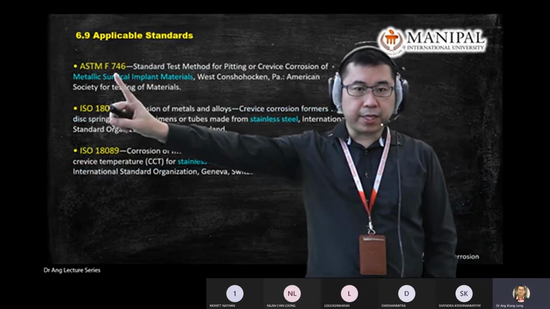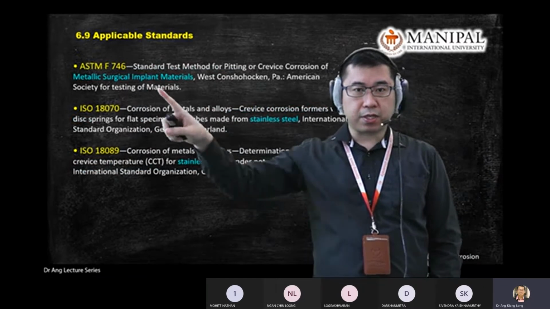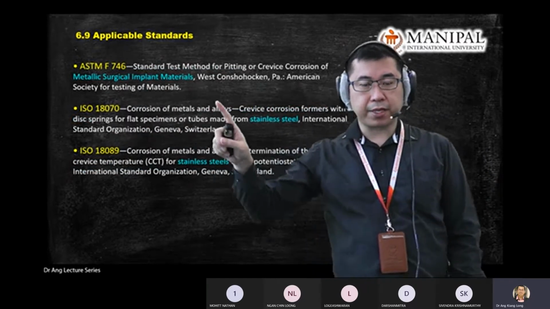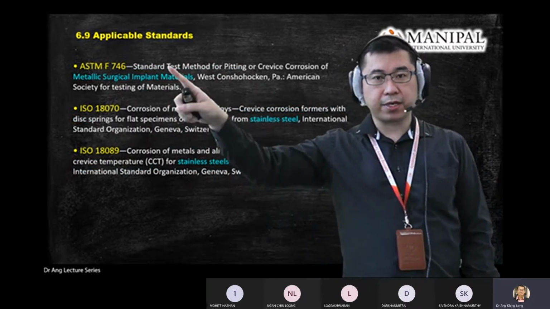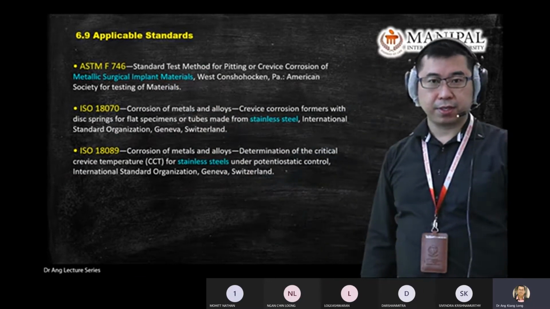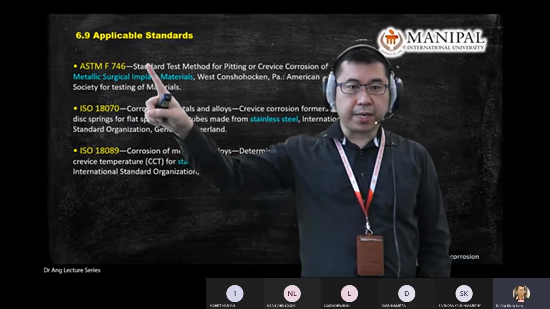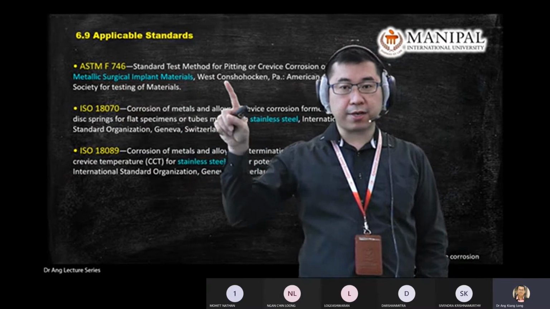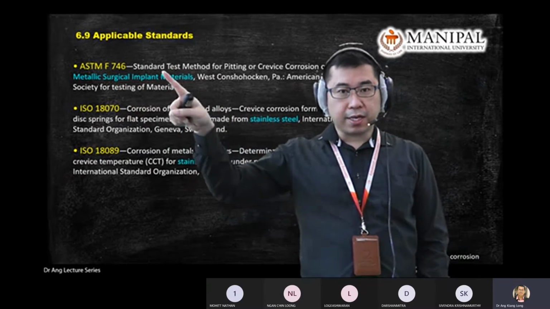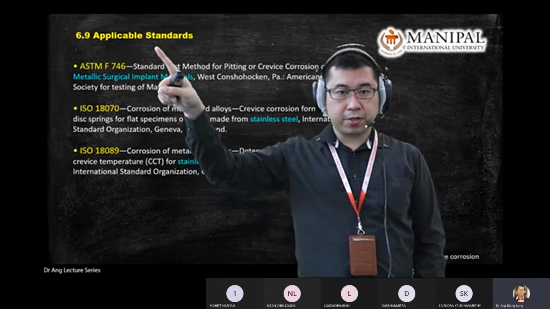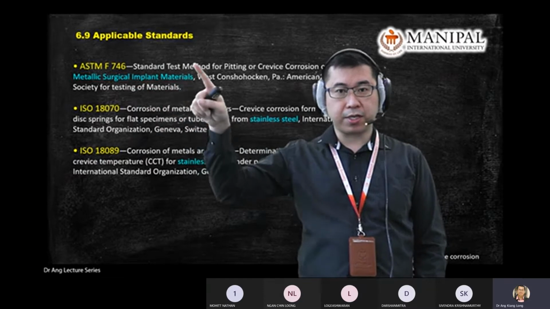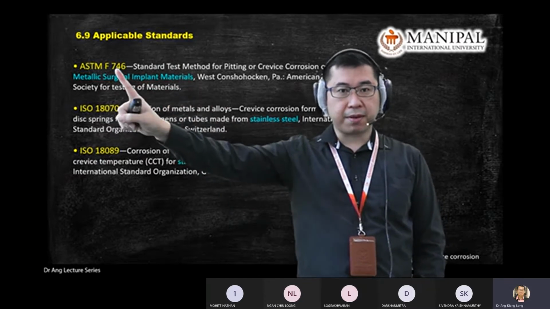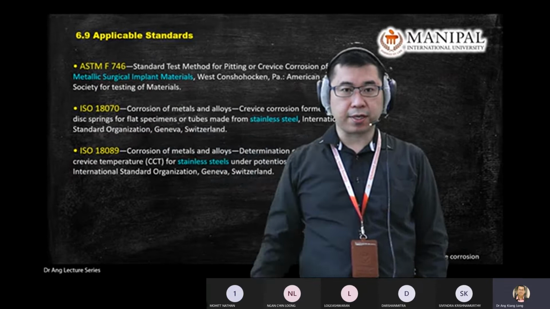Next one will be F746, on surgical implant materials. This one is important for medical devices. When you want to sell medical products, especially for surgical or implant purposes, they will come with a certificate of ASTM F746 data.